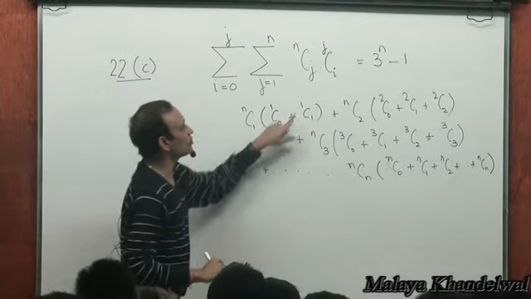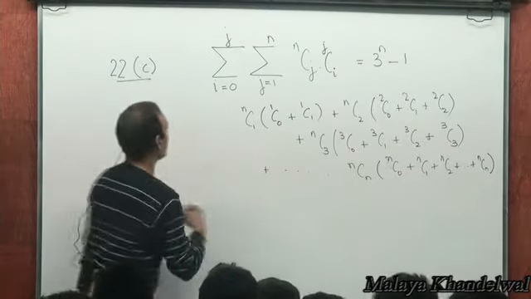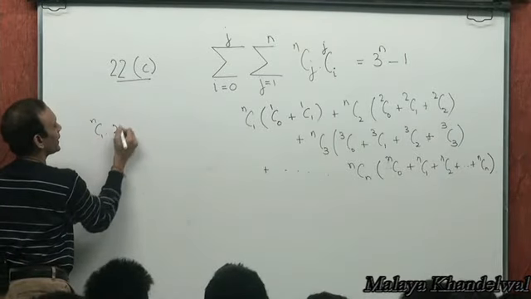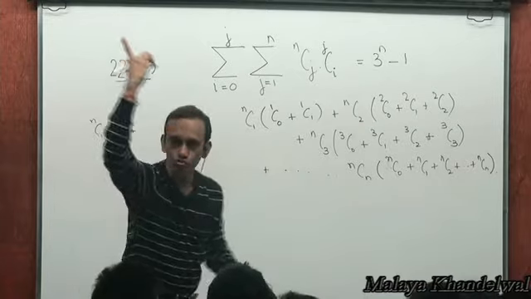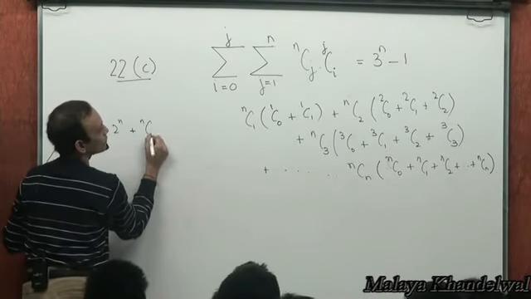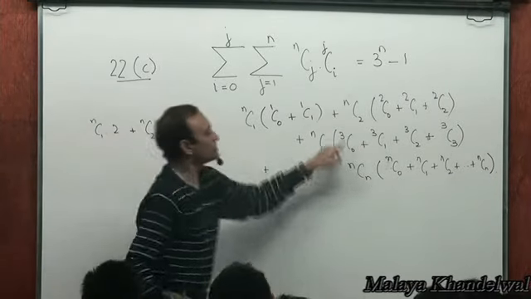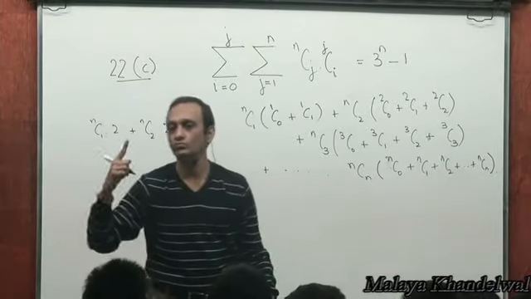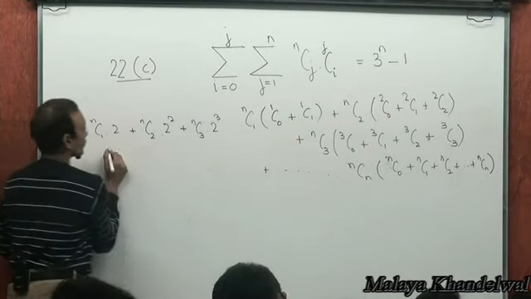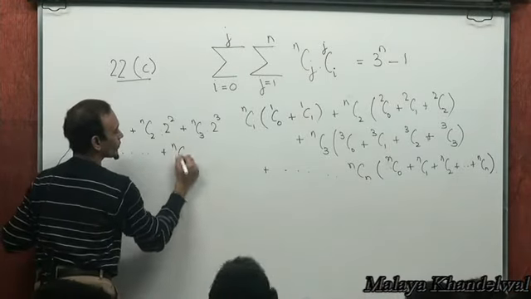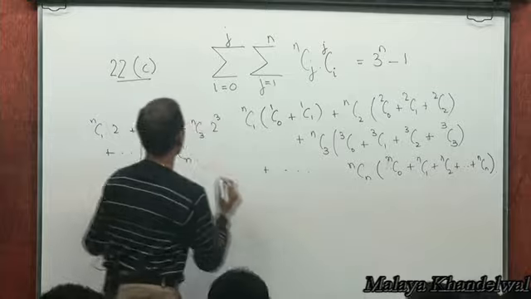NC0 plus NC1 is 2 to the power 1. 2C0, 2C1, 2C2 is 2 to the power 2. 3C0, 3C1, 3C2, 3C3 is 2 to the power 3. This one is 2 to the power n.